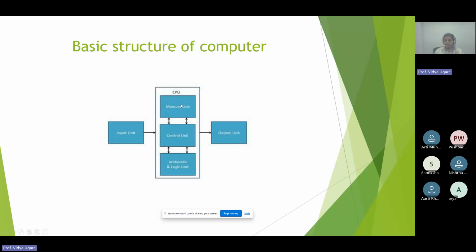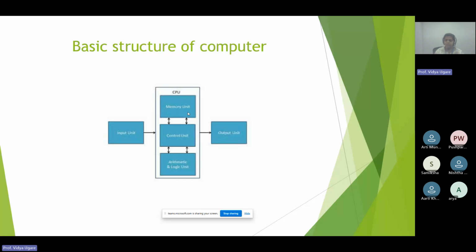As you can ask me now, why memory unit here? Memory unit here doesn't mean the entire memory of your computer. We are going to see the memory part also in later slides, in which you will understand better. Memory is again of different types. What you see here is nothing but a cache memory, or registers, which reside within the processor.